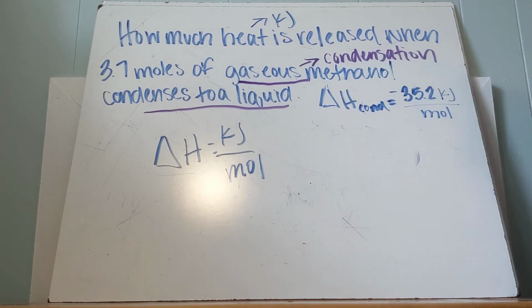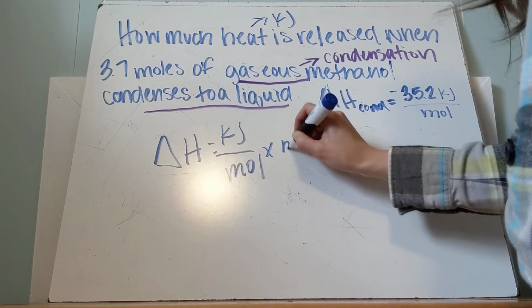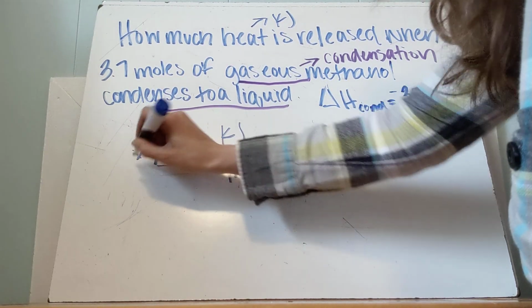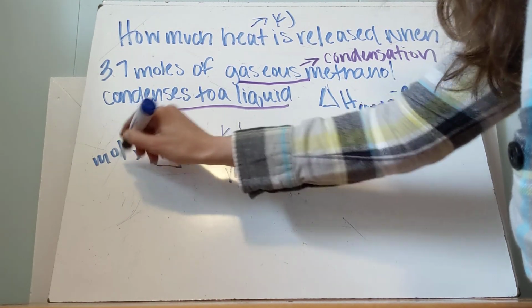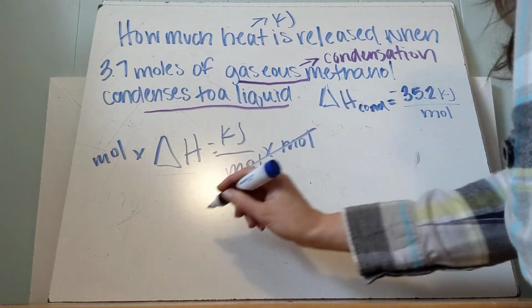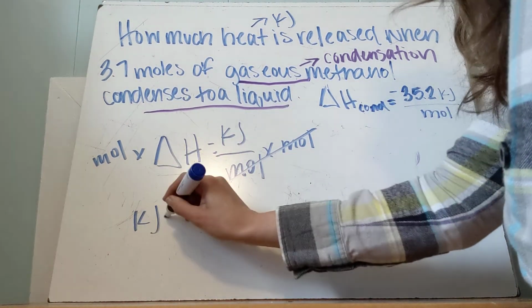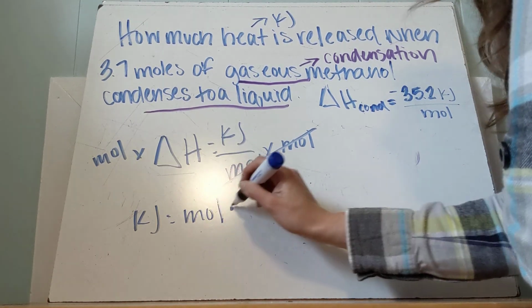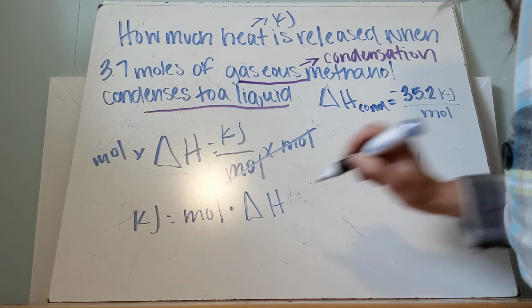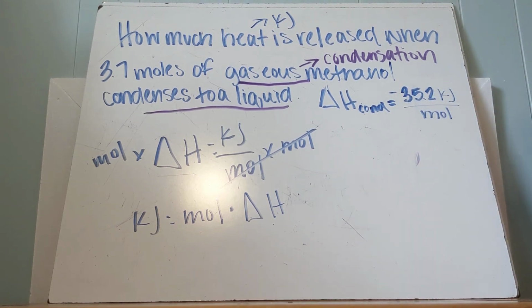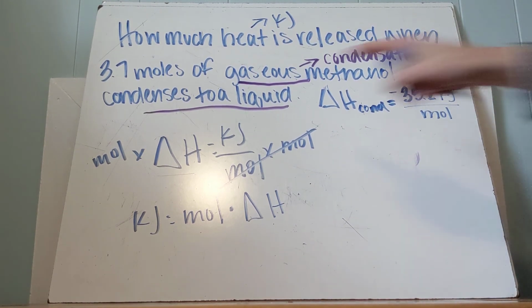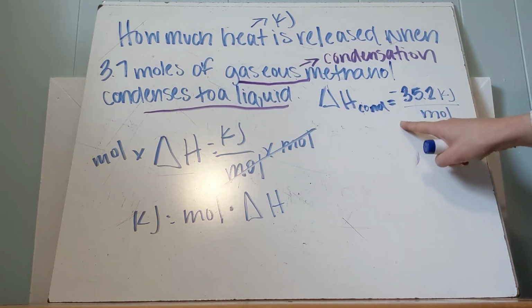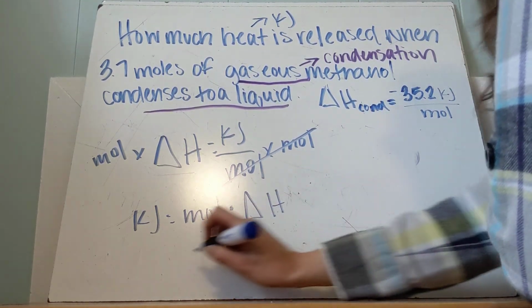And basically I'm just going to rearrange this so that I have kilojoules by itself. So I'm going to multiply both sides by moles. And now I have kilojoules equals moles times delta H. And now I have both of those things. Moles is here, delta H is here.